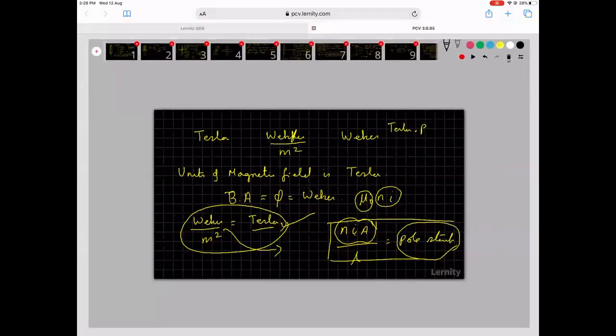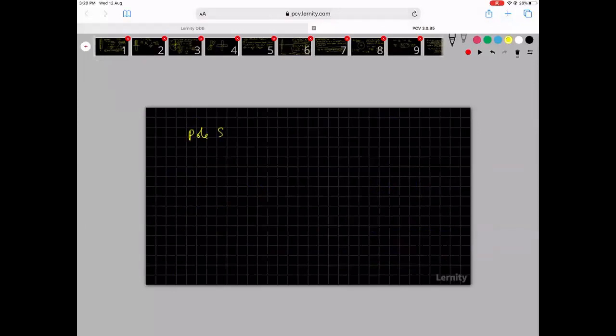Pole strength, I want to explain about pole strength. So I said force is equal to mu naught by 4 pi P1 P2 by R squared. This by pole strength is equal to Tesla.